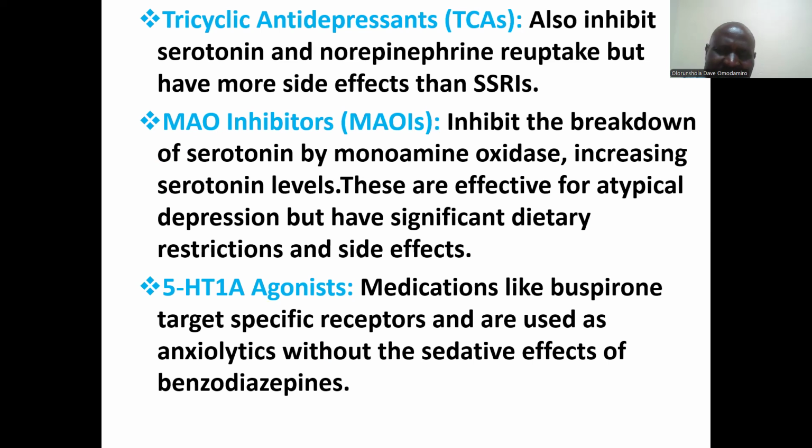They inhibit the breakdown of serotonin by monoamine oxidase. We still remember how this enzyme metabolizes serotonin. So we need to inhibit it so that we have more serotonin in the system. So it increases serotonin level, and these are effective for atypical depression, but have significant dietary restrictions and side effects.